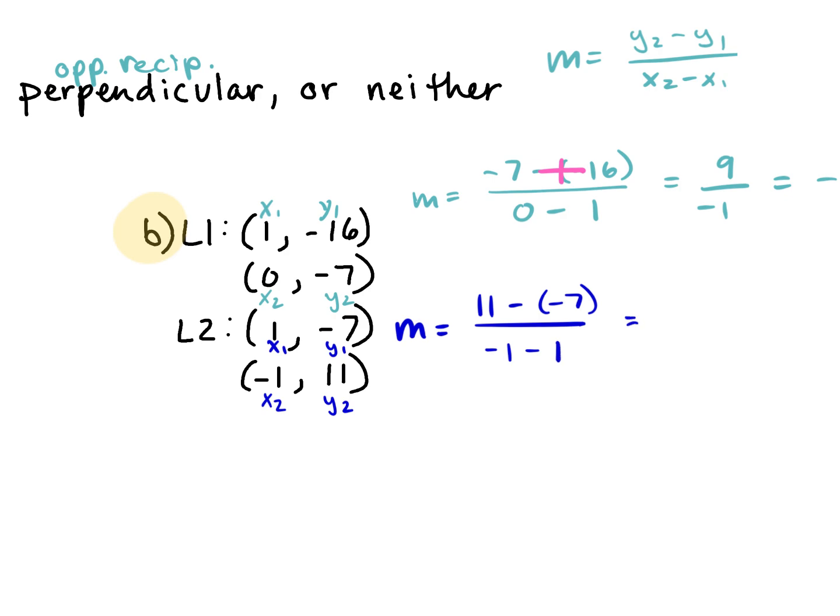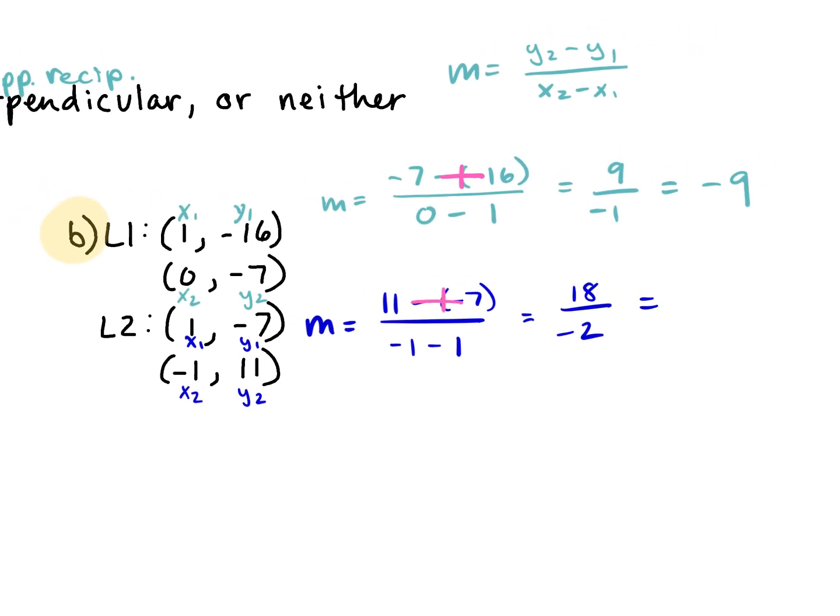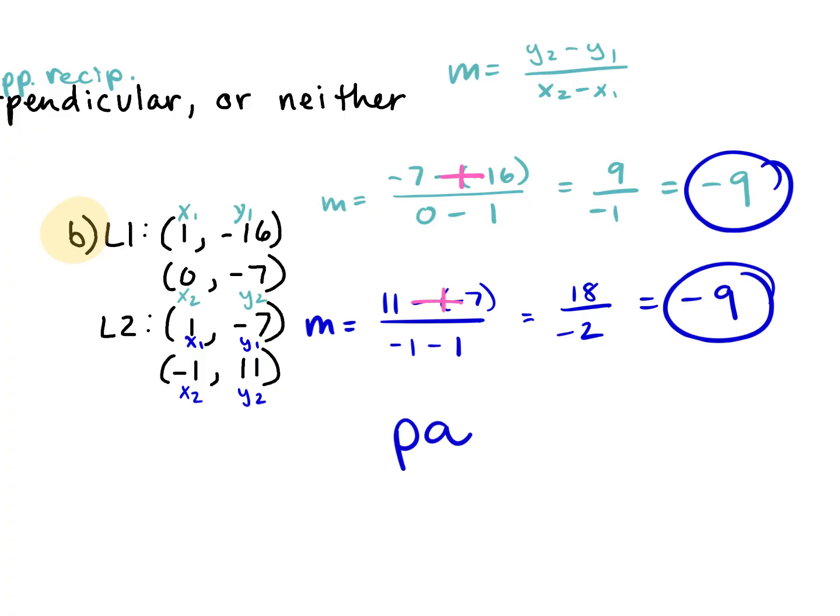This turns into a plus. So 11 plus 7 would be 18 over -2. What does this simplify to? -9. So would these be parallel, perpendicular, or neither? Parallel. Why are they parallel? Because they have the same slope, so they would be parallel.